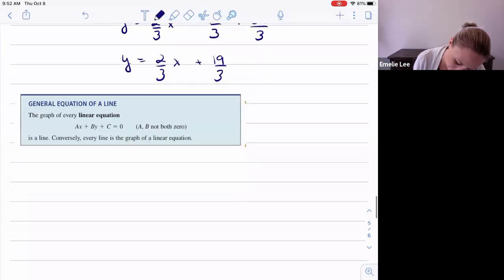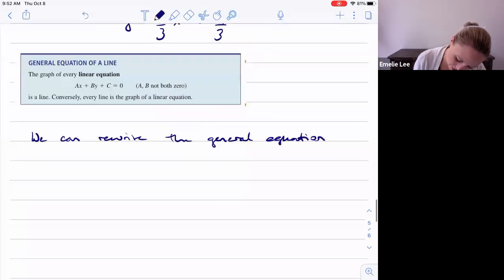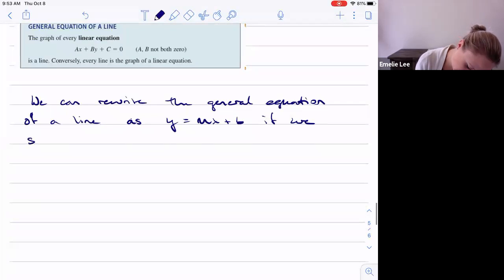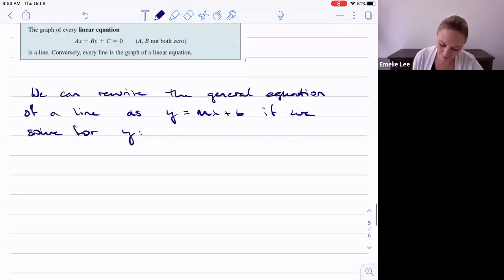So if we have a look, we can rewrite the general equation of a line as y equals mx plus b if we solve for y. Just to show that we can work backwards, forwards.